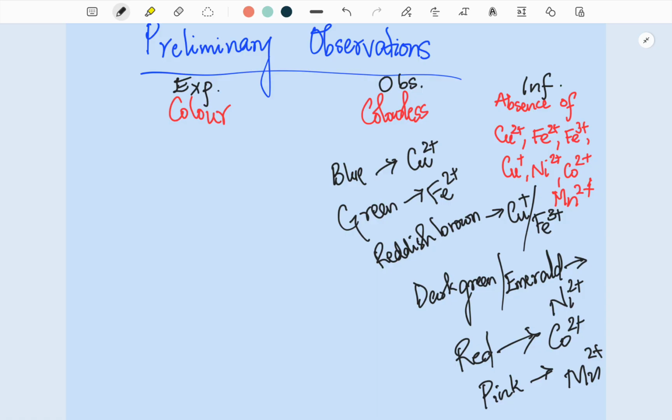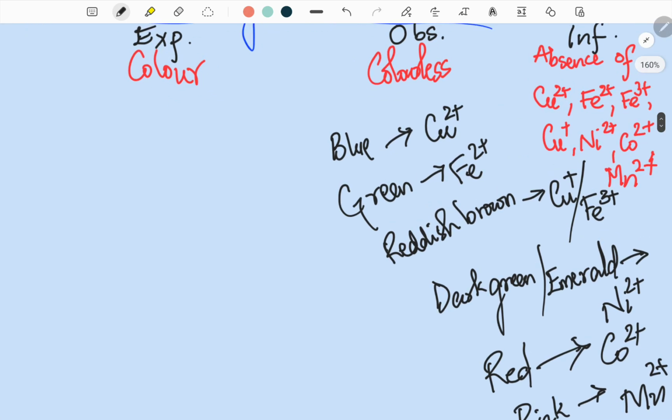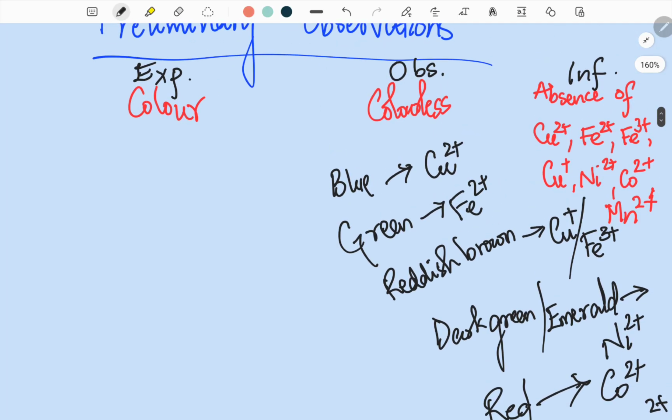So in the experiment column you need to write the color of the salt is noted. In the observation column you need to write the salt is colorless. And in the inference column you can actually write absence of all these ions, but since we prefer complete sentences, you can just write absence of all these ions is noted.